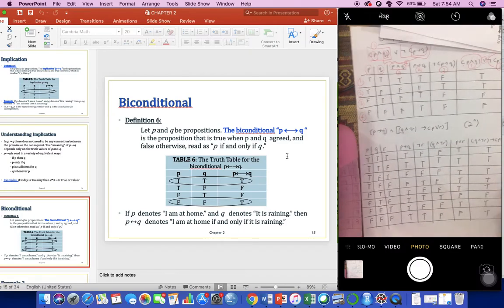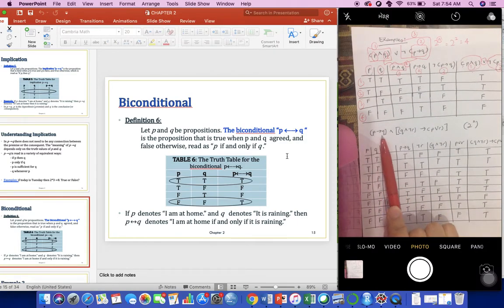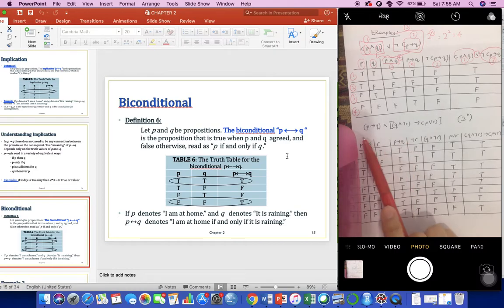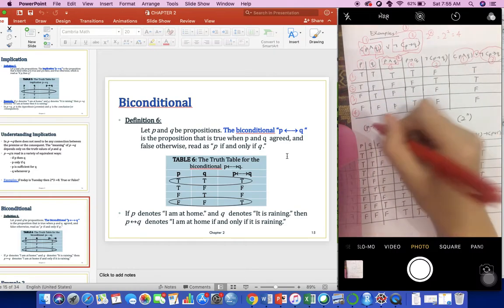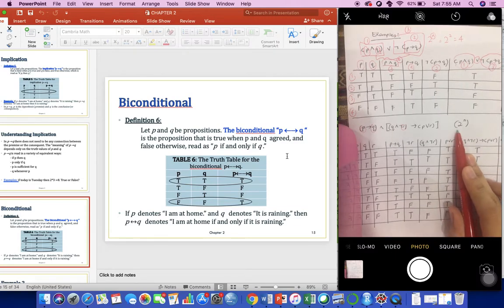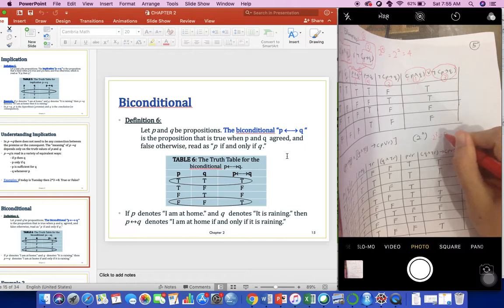Okay, so the second example: P, Q, and then Q and negation R, P or R. Here you can see that we have three variables, P, Q and R. So 2 power of 3 is equal to 8.